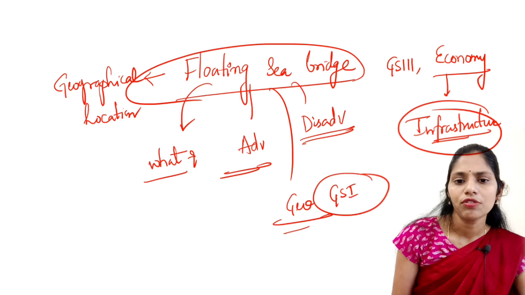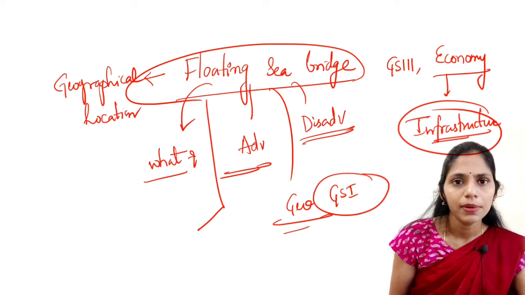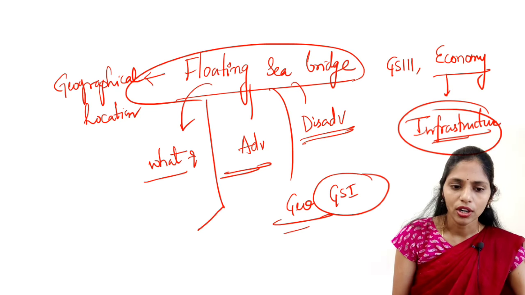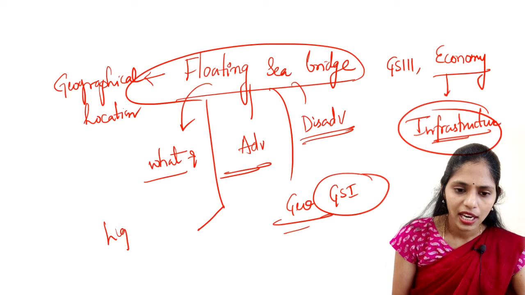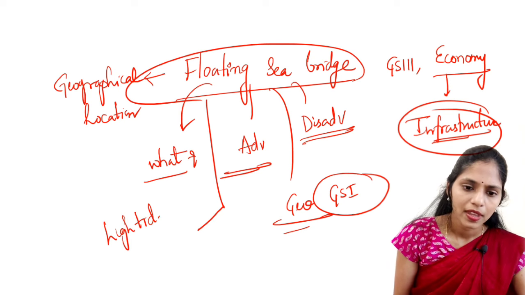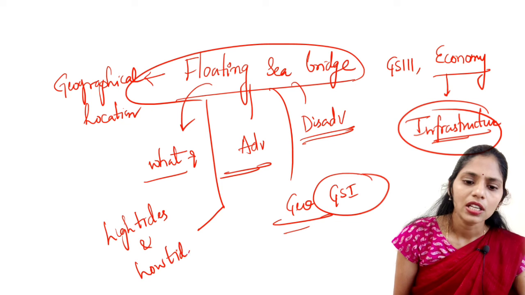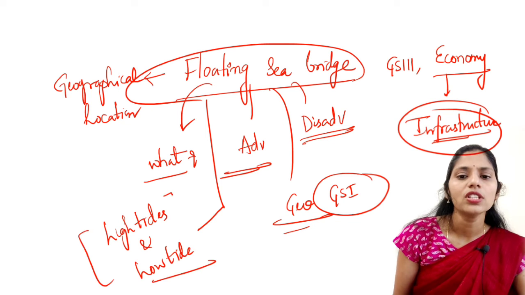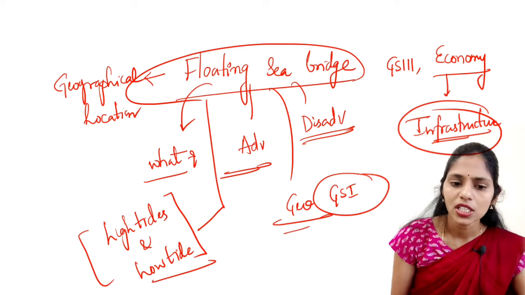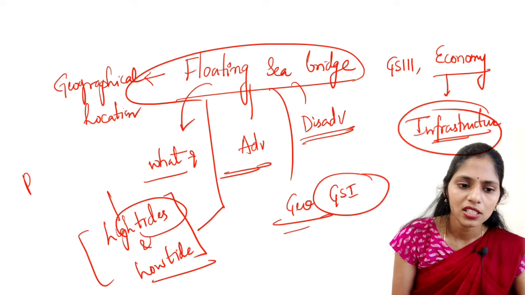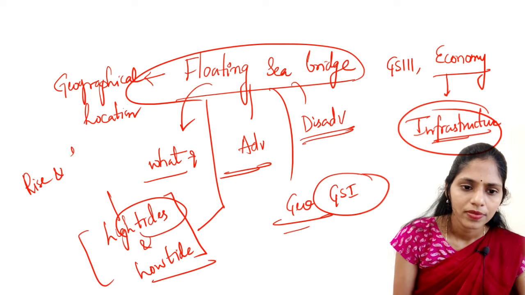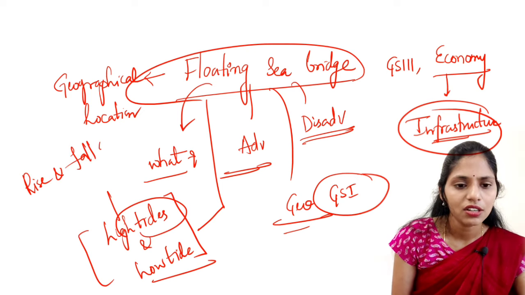Especially this floating sea bridge is available every day, but not on high tides and low tides. On high tides and low tides, we are not going to have this floating bridge. So what is a tide? A tide is nothing but the rise and fall of water level in the sea.